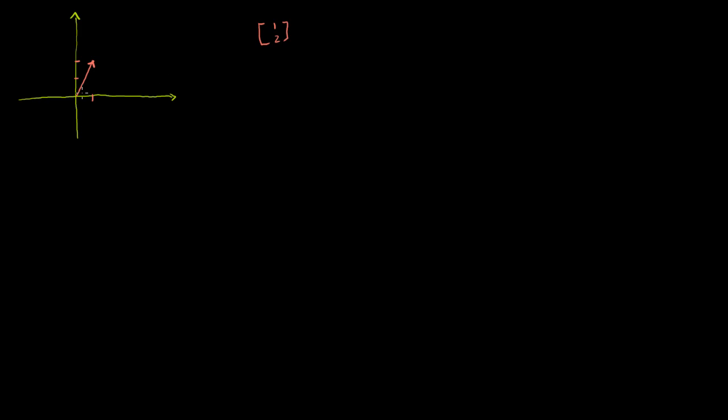And I want to look at the line that is spanned by this vector. So let me just define some line L, and it's equal to the set of t times 1, 2, where t is any real number. So this is just a line with a slope of 2, right? You rise 2 for every 1 you go over. So let me draw my line just like this.